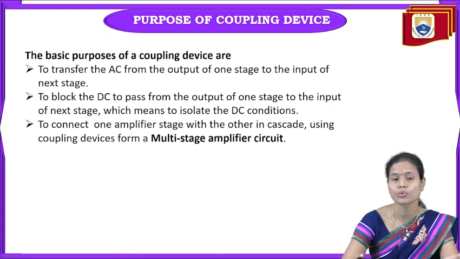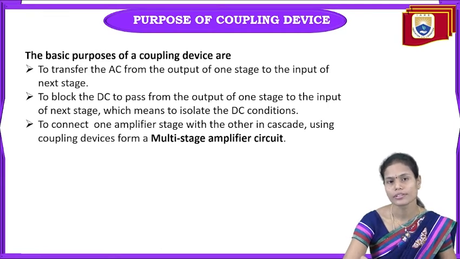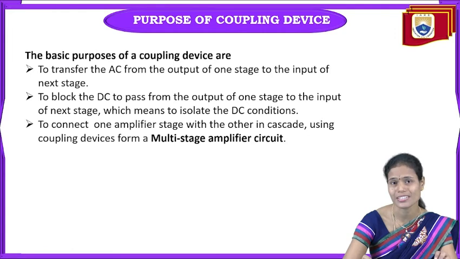That is nothing but, to amplify the signal, it should allow the AC signal only. It should not allow the DC signal. So in order to avoid the DC content present in the AC signal, we use the coupling device. Once we allow the AC signal, it should block the DC signal.